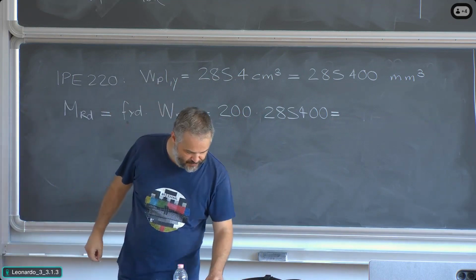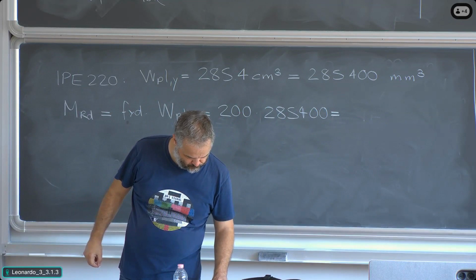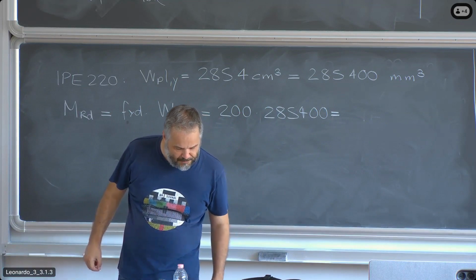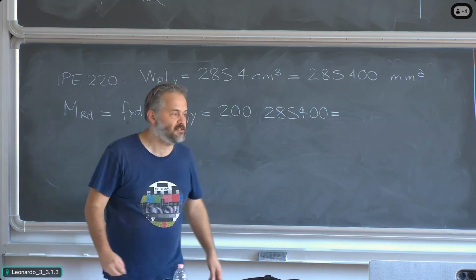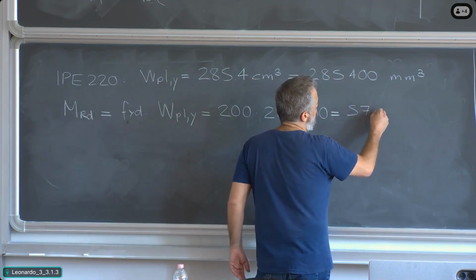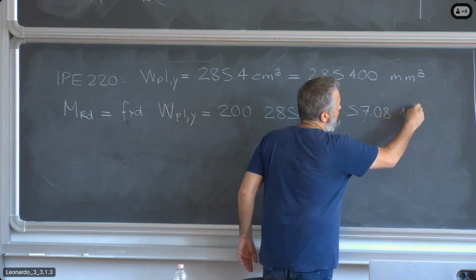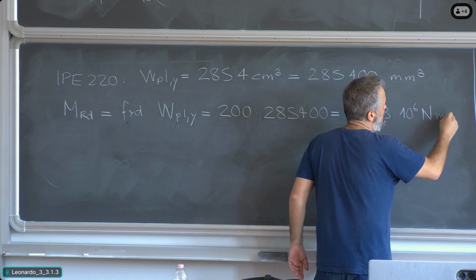You do the math. The number is 57 millions and something like that. So 57.08 times 10 to the power of 6 Newton millimeters.